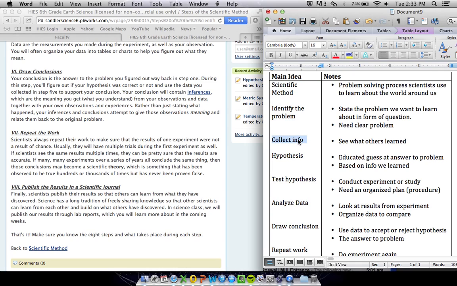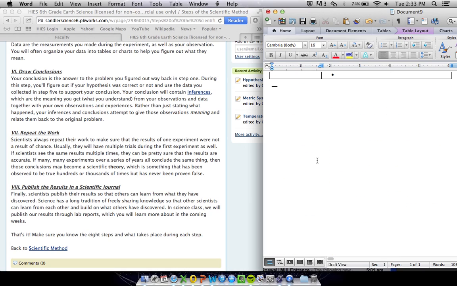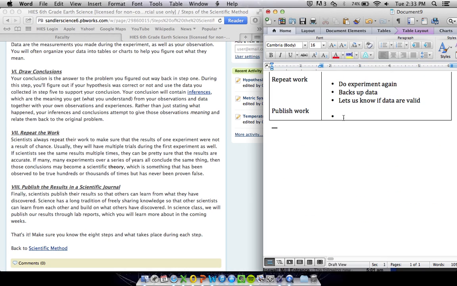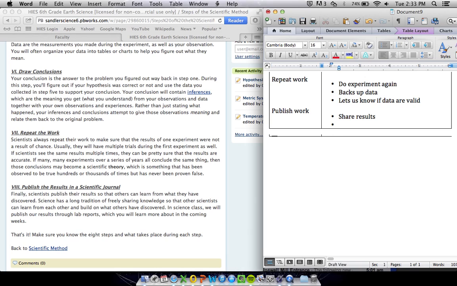If we don't share what we've learned, other scientists won't be able to learn from our results. So we share our results, and this allows other scientists to learn from our work. And it lets them build on our work as well.